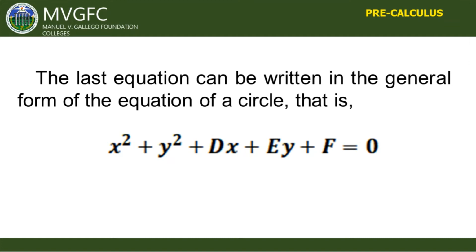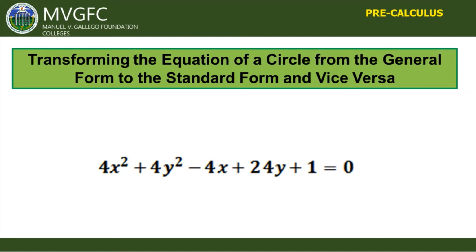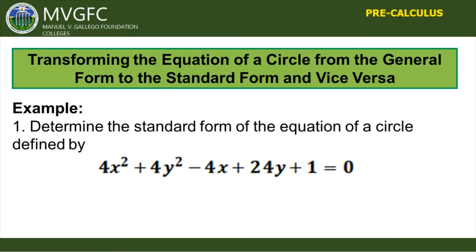So now let us try to transform the equation of a circle from the general form to the standard form and even vice versa. The next examples present the steps in writing the equation of a circle from the general form to the standard form and vice versa.